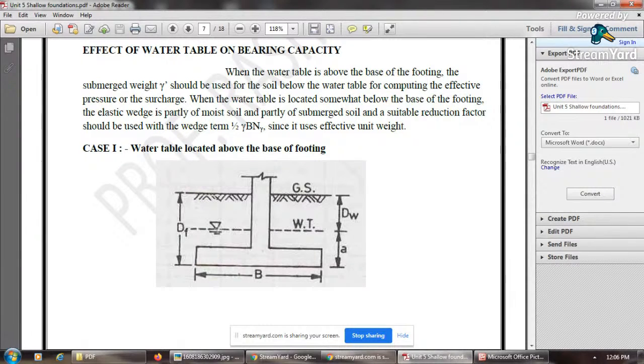If the water table is above the base of the footing, what will be the bearing capacity of the soil? For calculating this, you should know the depth above water level and the depth below the water table at the base of footing. This will be determined by dW, and this will be, say, small a.